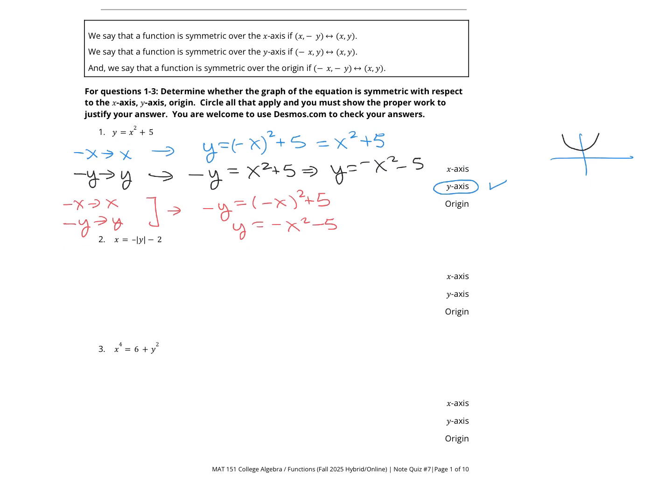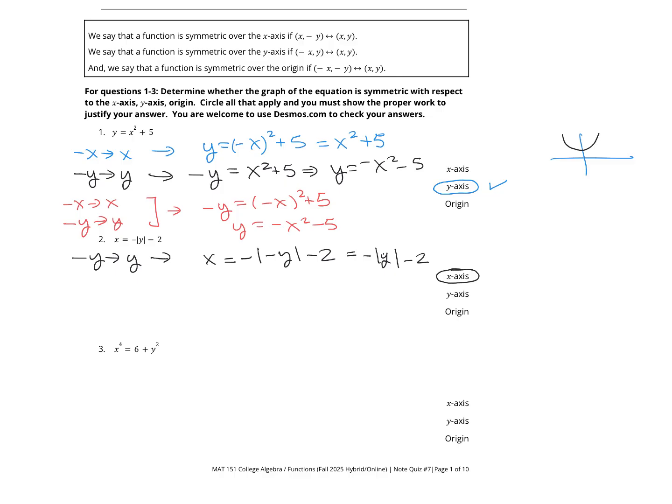If we substitute negative y in place of y, that's going to give us x is equal to the opposite of the absolute value of negative y minus 2, which just simplifies down to the opposite of the absolute value of y minus 2. And that is the original equation. So because of that, we see that we have symmetry over the x-axis.